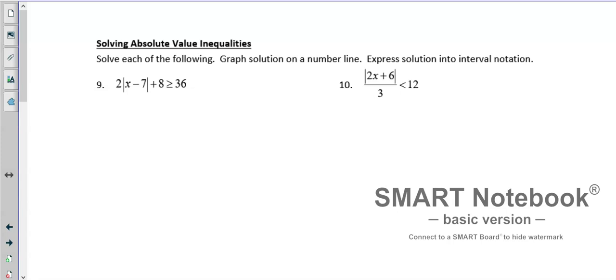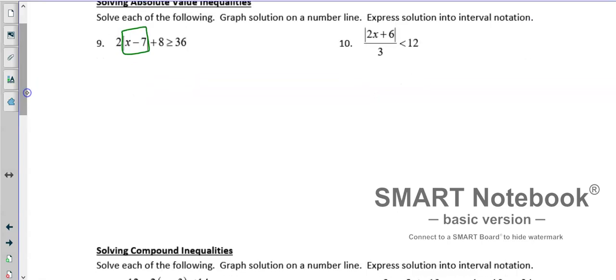All right, absolute value inequalities. So now we're combining what we've been doing, and we got to remember a few things. We need to get this by itself, and if we multiply or divide by a negative number, we have to flip the symbol. Okay? So first off, I'm going to subtract the 8. So that gives me 2 absolute value of x minus 7. Do not distribute. Greater than or equal to 36 minus 8 is 28.